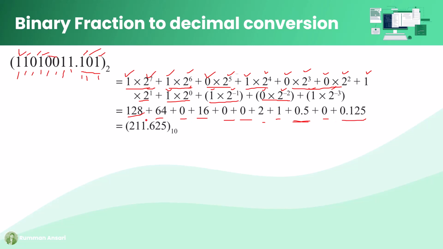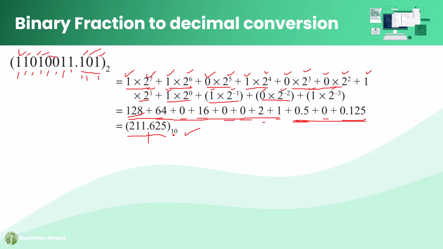Then we sum all the digits present here. The integer section sums up to 211, and the section after the point sums to 0.625.